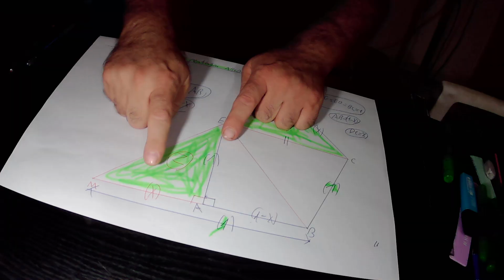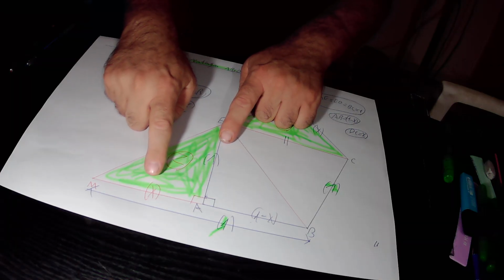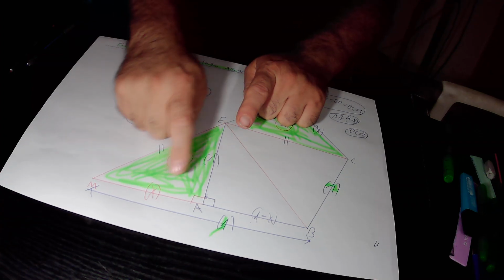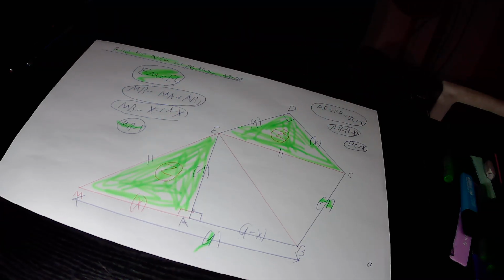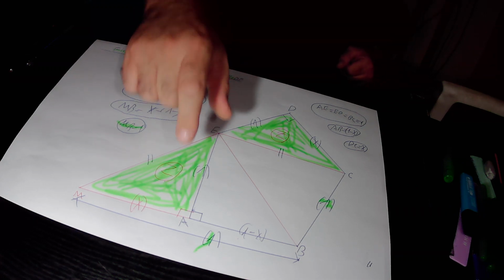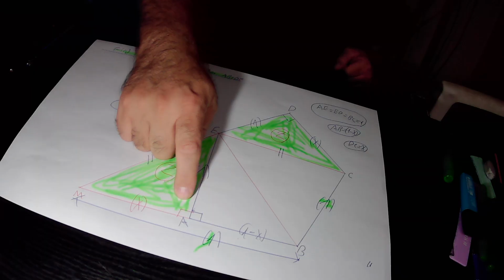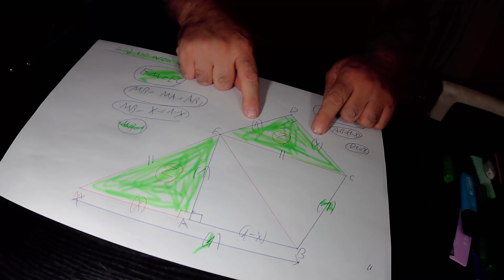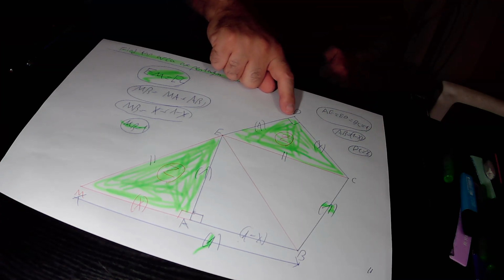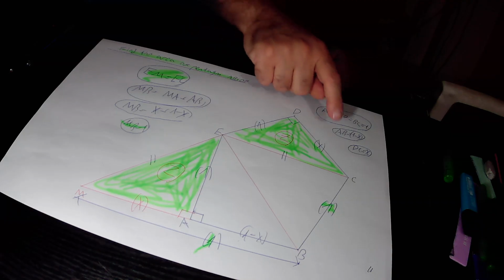So I have proved that those two sides and the angle included between those two sides, that is a right angle, in this right triangle EAM are correspondingly equal to those two sides and the angle included between them in this right triangle EDC.